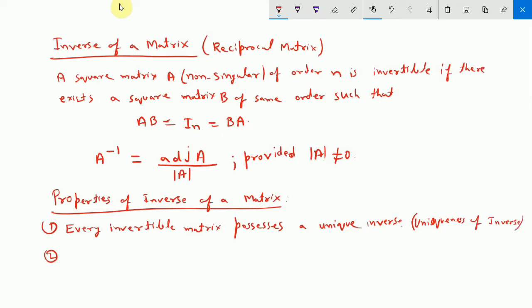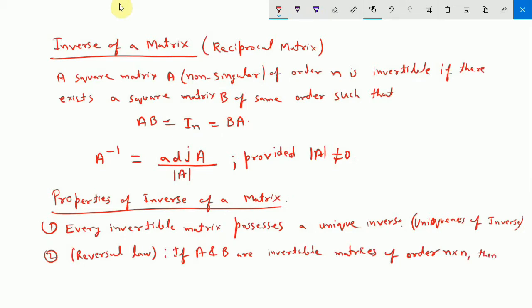Okay. The second property is called the reversal law, which states that if A and B are invertible matrices of order n into n, then AB is invertible, and AB inverse will be equal to B inverse into A inverse.